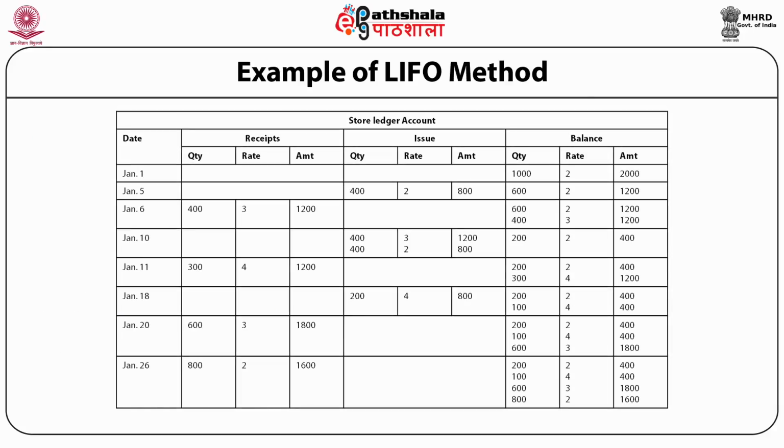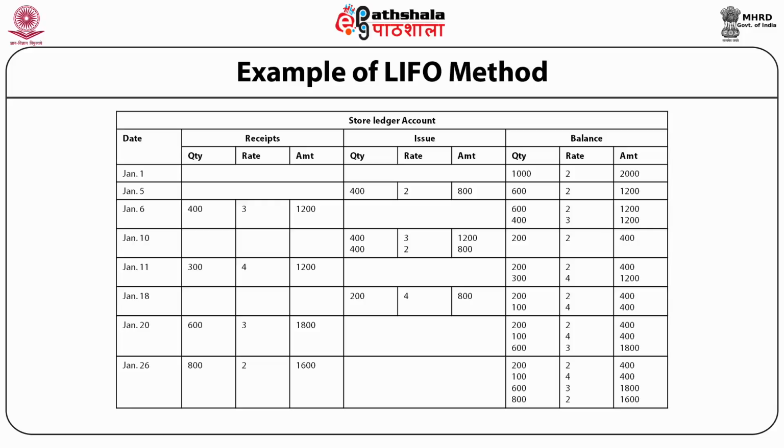The LIFO method is clarified with the help of a stores ledger account. This account reveals that on 1st January 2015, there were 1000 units at the rate of 2. On January 5th, an issue of 400 units was made at the rate of 2, and there were 600 units remaining in the stock.